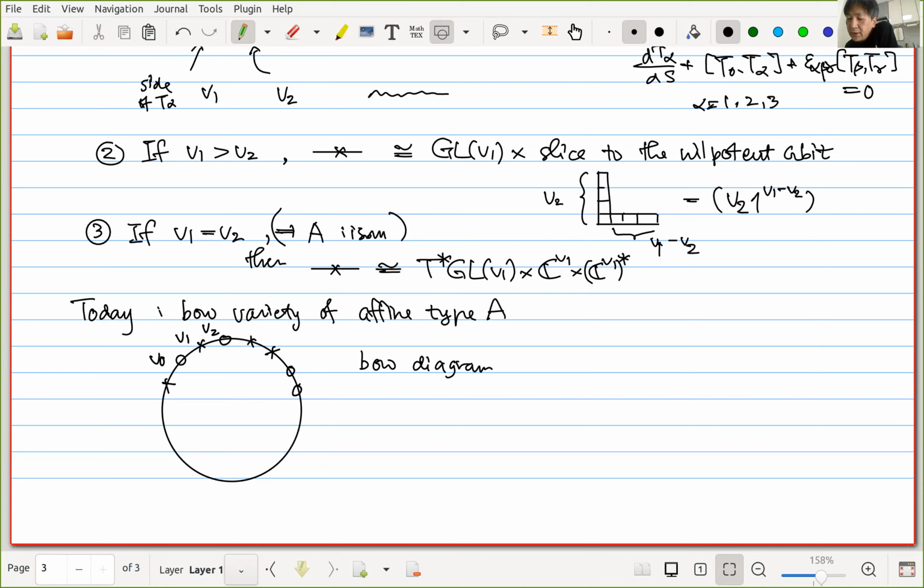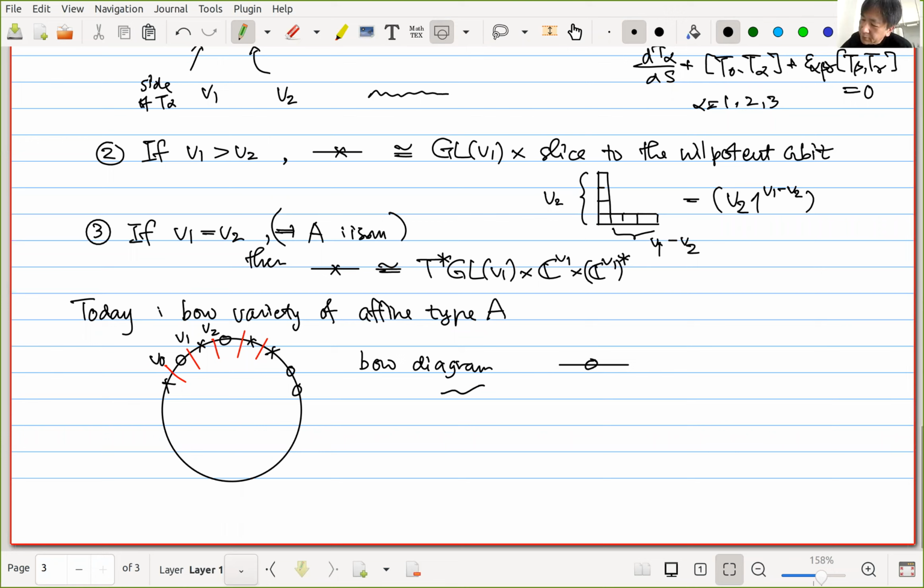Then I can divide this into pieces like this, and you see the building block which I just explained, and take the corresponding variety.